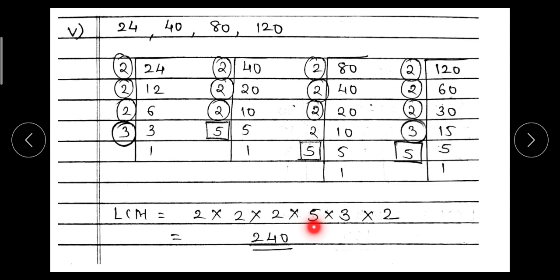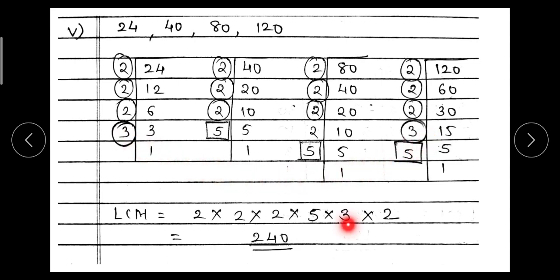Then take group of 2, 2 numbers. Here no common number, here no common number, here no common number. If we take these 2, no common number. If we take these 2, common number is 3, right? So write 3 also.